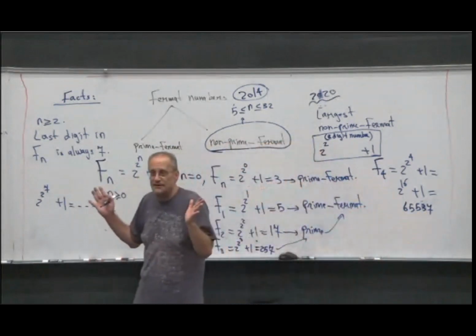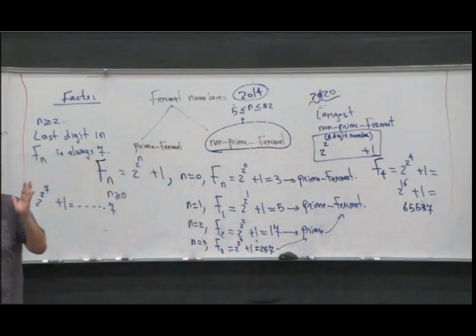Somebody proved that. It's not a conjecture. We know this is a fact. The last digit in a Fermat number is always 7. Always. Oh, amazing, isn't it? You don't know why.